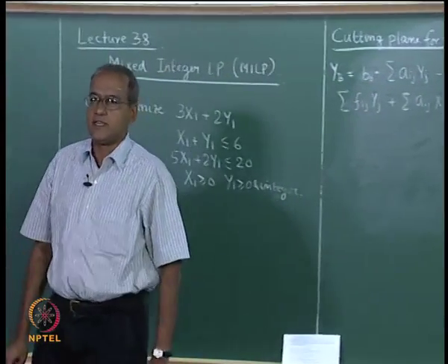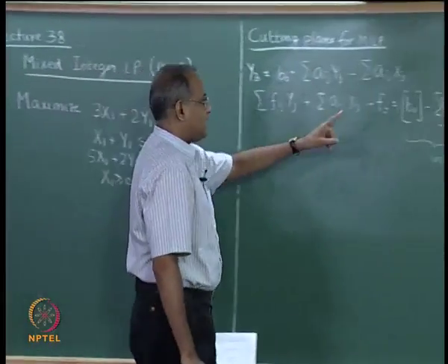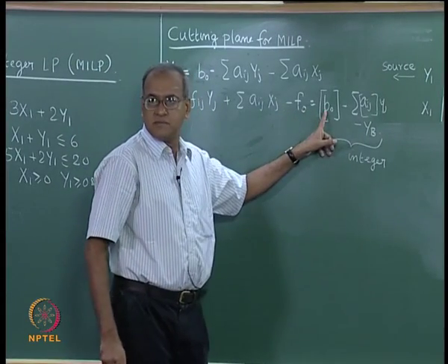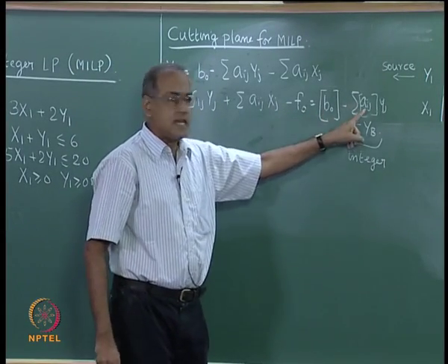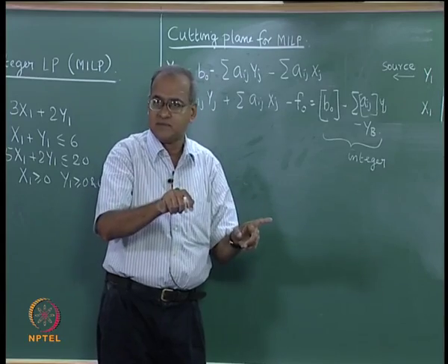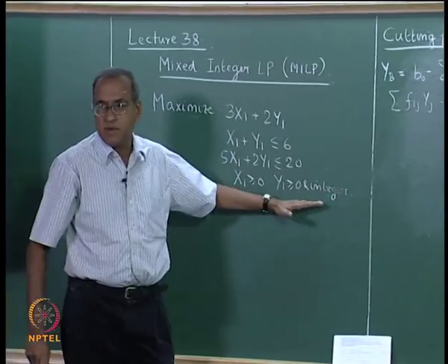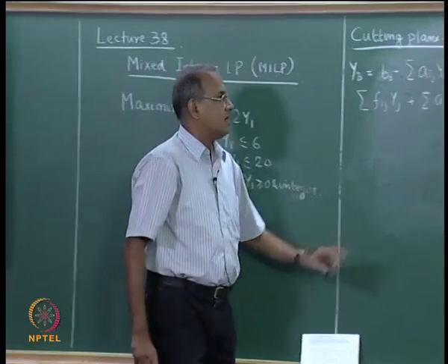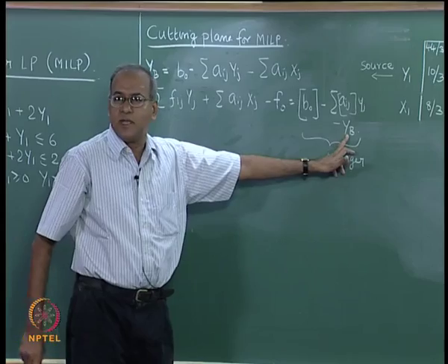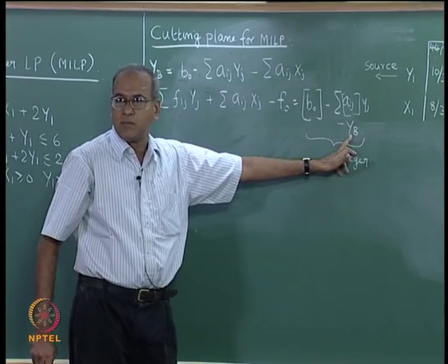Now, this portion is an integer because the lower integer value of B naught is an integer, Aij's lower integer value is an integer, Yj's have to be integers by the given problem, and Yb should also be an integer because Yb is a basic variable.